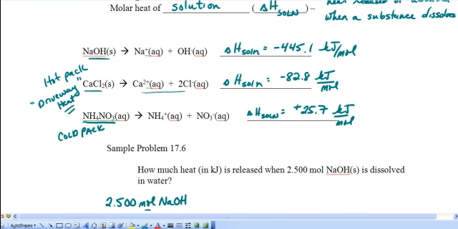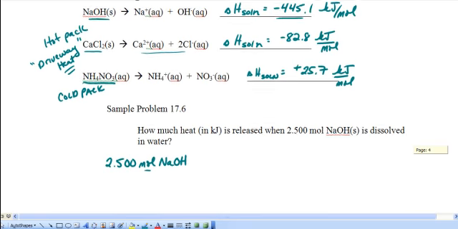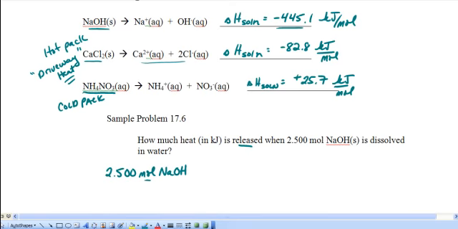Go ahead and revisit. It's a negative 445 kilojoules per mole. Of course, you don't need the negative sign. If we say that it's released, we know it's going to be a negative delta H. So this is just times 445.1 kilojoules per mole of NaOH. Notice it is only 1 mole of NaOH.